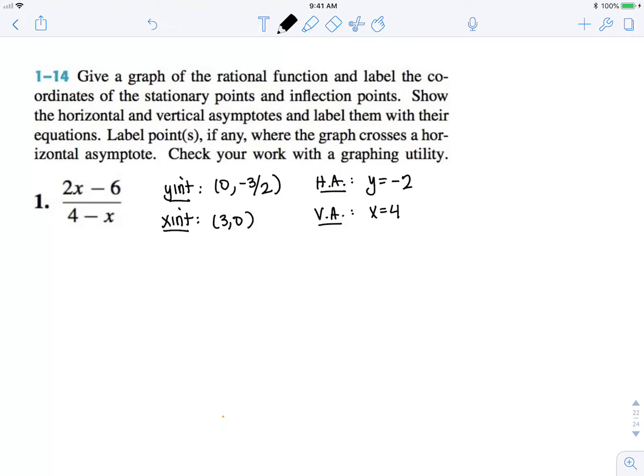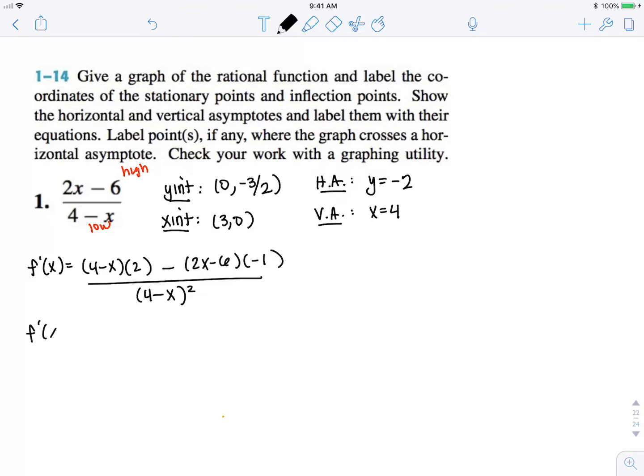Now, in order to determine where it's increasing or decreasing, we need our first derivative. So this is going to be quotient rule, high, this is low. So it's low d high minus high d low, square the bottom.